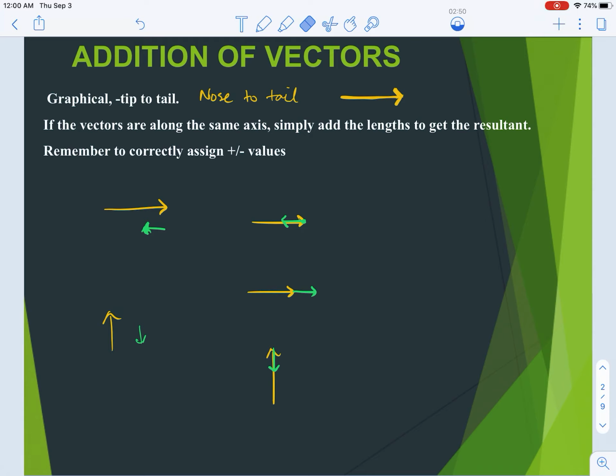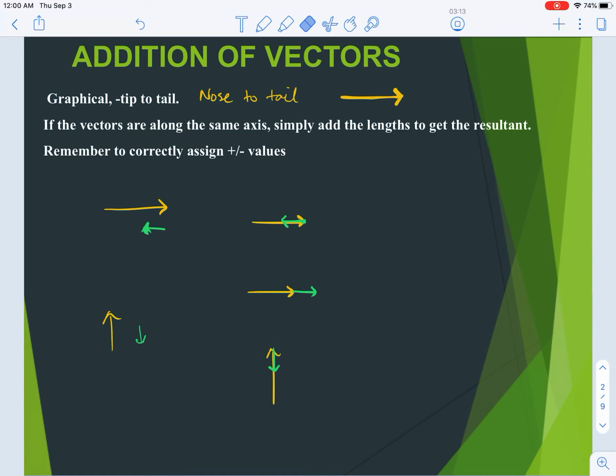If the vectors are moving along the same axis, in other words, if they're both vertical vectors or they're both horizontal vectors, you're simply going to add them together. So visually, graphically, we would take our vectors and we would connect them so that the nose or the tip of the first vector is where we begin drawing the tail of the second vector.